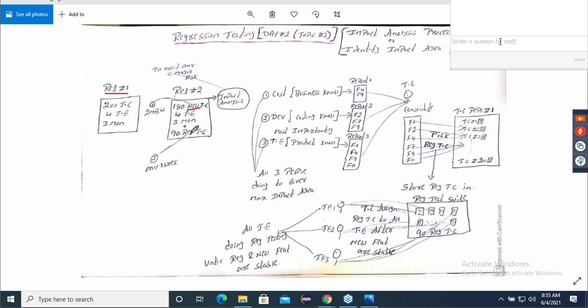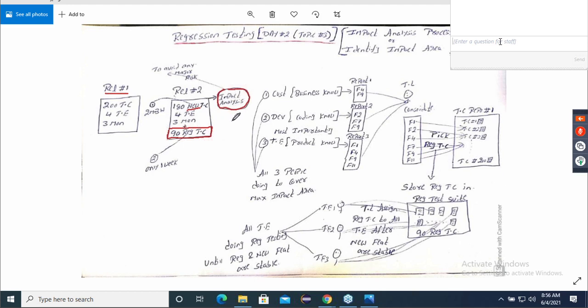Now listen carefully. These 90 regression test cases, whatever I have picked, were picked based on impact analysis.